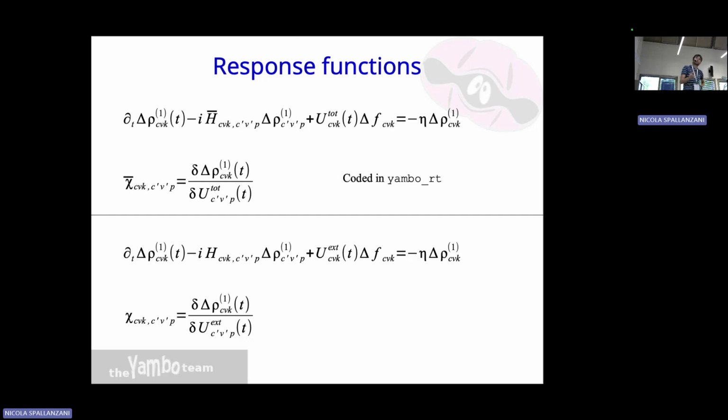So now also the macroscopic term is included, and the external field just when I do the variation, I obtain the full response function instead of the bar response function. So these are two different response functions, which can both be used to get the physical property. For convenience, one usually works with this chi bar, but please keep in mind you're assuming there is the total field.